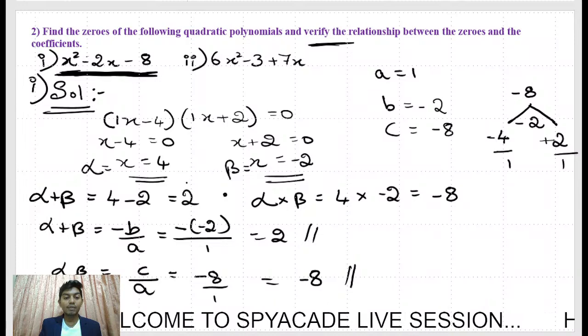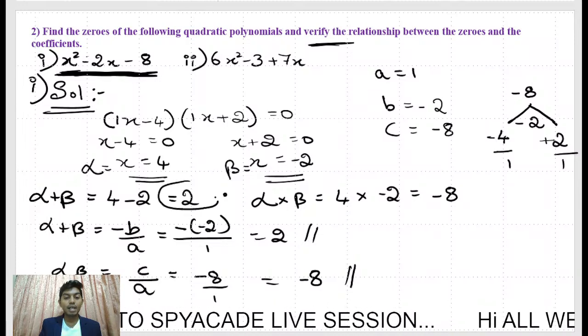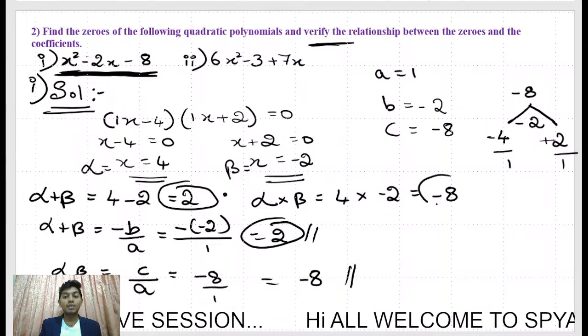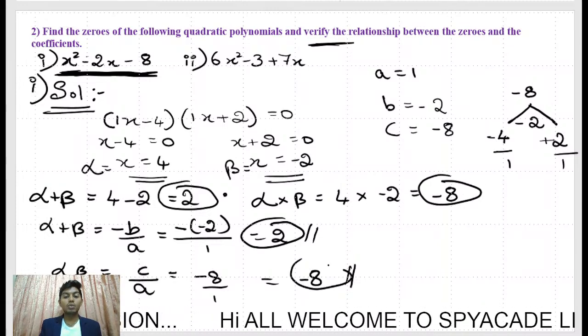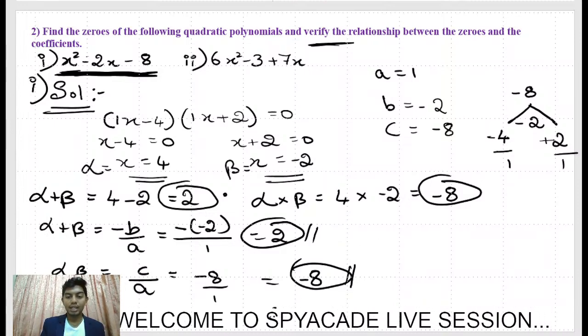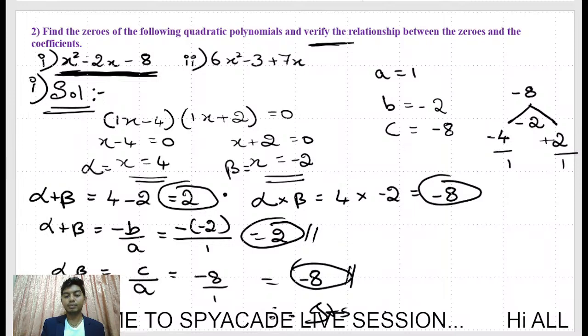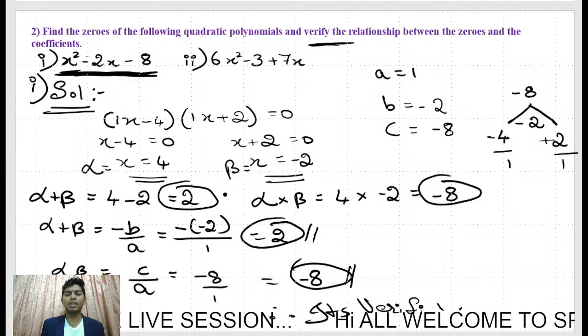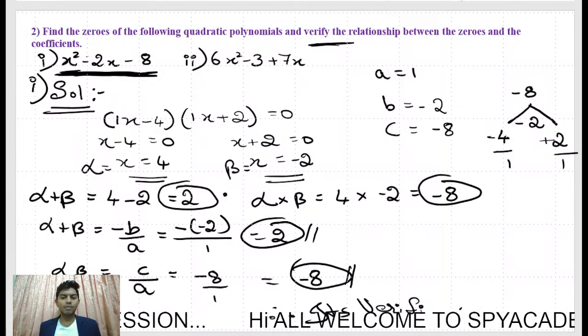Here you got alpha plus beta, sum of the zeros, as 2. Same way here also you got 2. Same way the product of the zeros is minus 8, and here also it's minus 8. Right? So therefore it's verified. Hence verified. You can write it as hence verified. Hope it's clear for everyone.